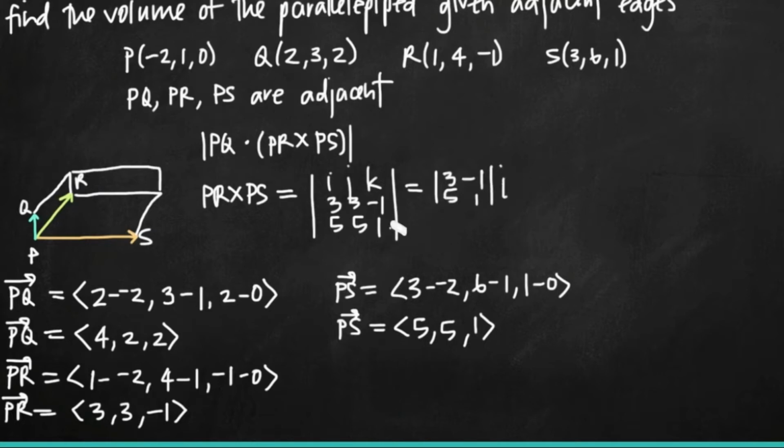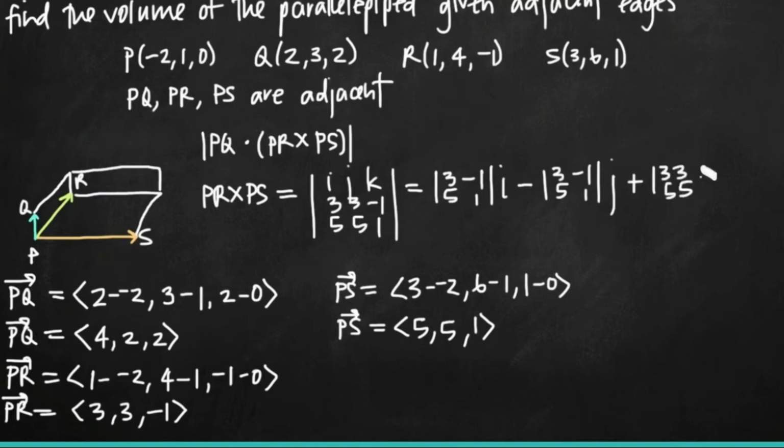We shall first of all determine PR cross PS, which is the determinant of the 3 by 3 matrix, with the first row as i, j, k, the second row has the values of PR, which is 3, 3, negative 1, and the third row has the values of PS, which is 5, 5, 1.